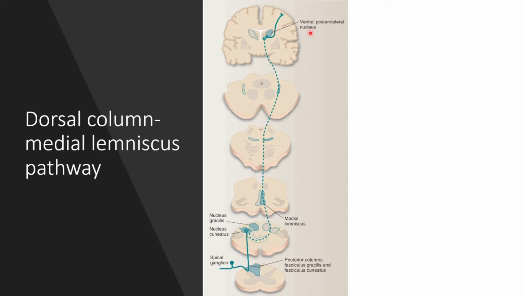So just to summarize this, what do we feel? If we feel a sensation such as vibration or light touch, it gets passed through the sensory part, so the afferent. It goes up through the dorsal column pathway all the way to the gracilis nucleus of the medulla, decussates at the medulla, and then travels to the brain through the medial lemniscus pathway.